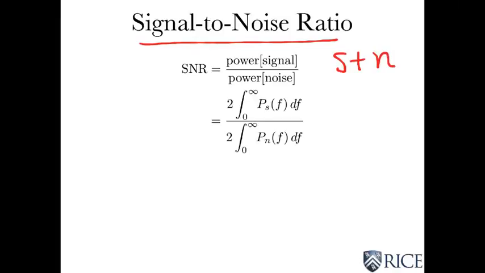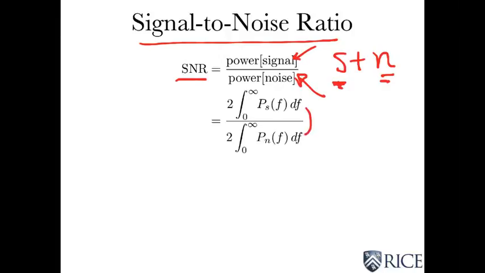Our final signal that we receive after going through the receiver is going to be a signal-related component and a noise-related component. We want a measure of quality of how big the signal is relative to the noise, and the signal-to-noise ratio is the standard measure. It's the power in the signal part divided by the power in the noise part. And clearly, the bigger the SNR, the better the quality, the smaller the noise is, if you will.